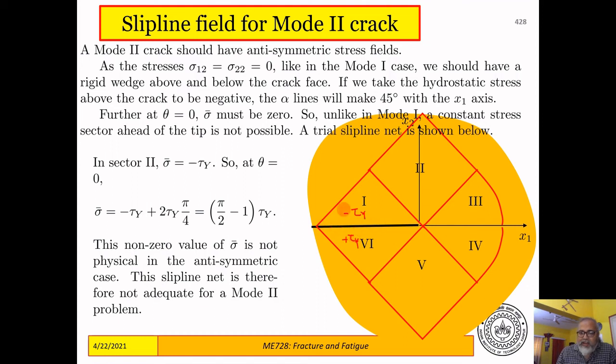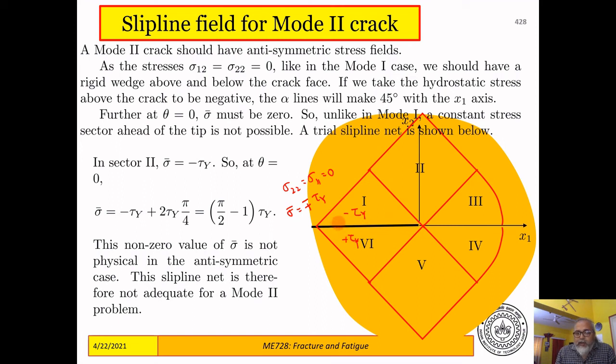This surface is traction free, therefore sigma 22 and sigma 11 are equal to 0 on this face as well as on the lower face. So sigma bar is minus plus tau y as we have found out. So let us say it's minus tau y above and plus tau y below.